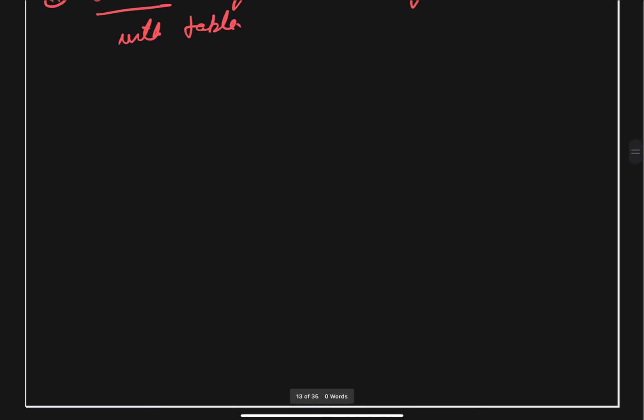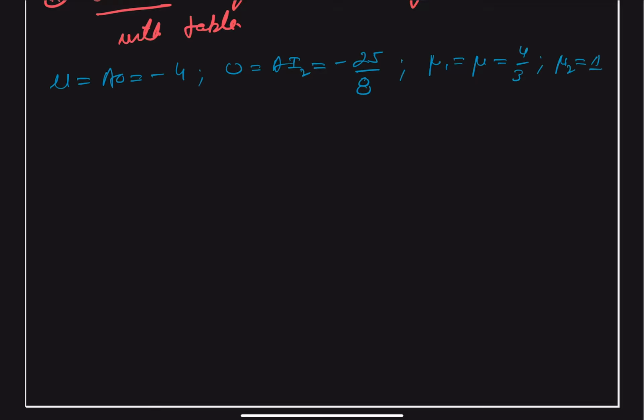So once again we can write that our U, that is our AO, will be equal to minus of 4, and that is our V, in this case is our AI2, and that will become minus 25 by 8, and the refractive index we just found out, that is mu1, which is equal to mu, is our 4 by 3, and mu2, which is our air, will be equal to 1.